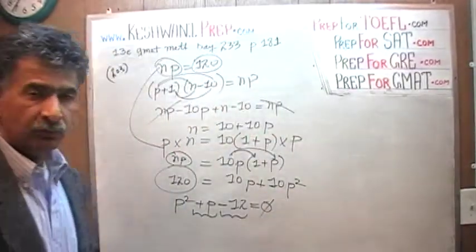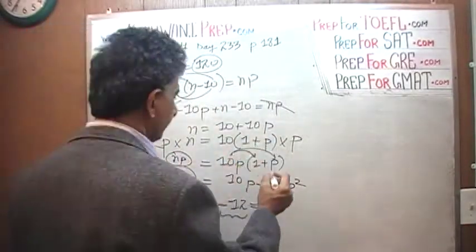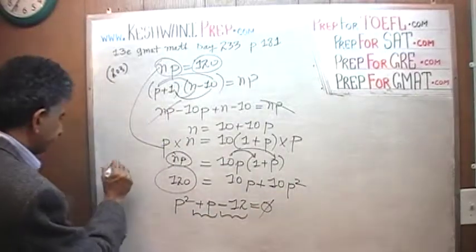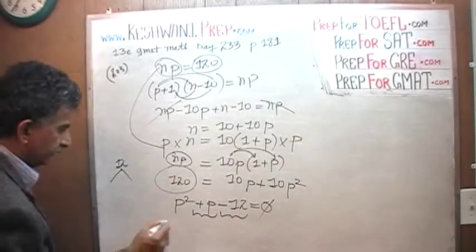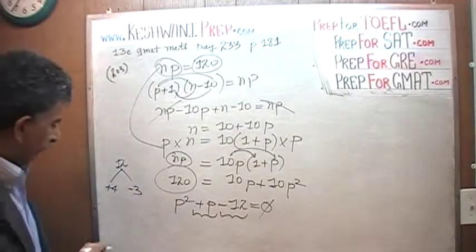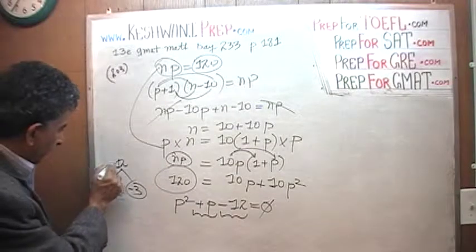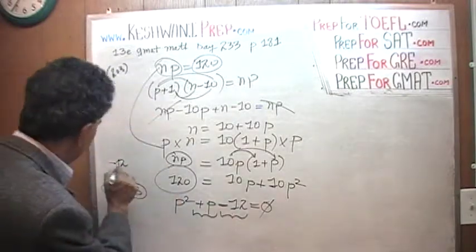When you think of two such factors of 12, since we need a positive one, it's going to be positive 4 and a negative 3. A positive 4 times a negative 3 gives us the negative 12 that we need, right here, the negative 12.